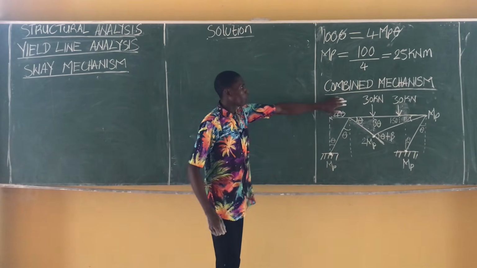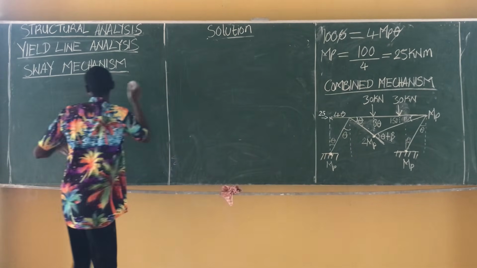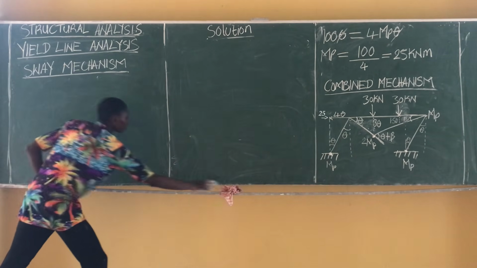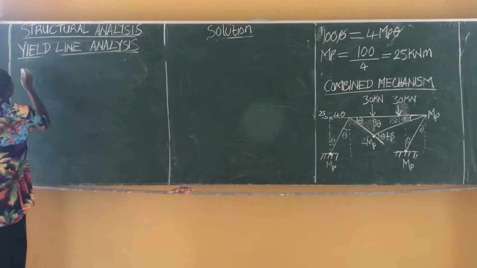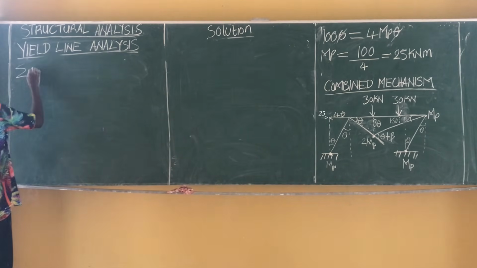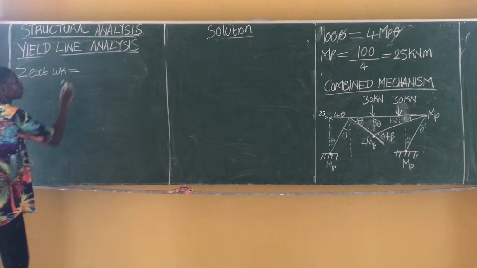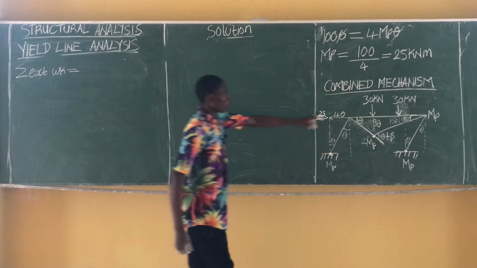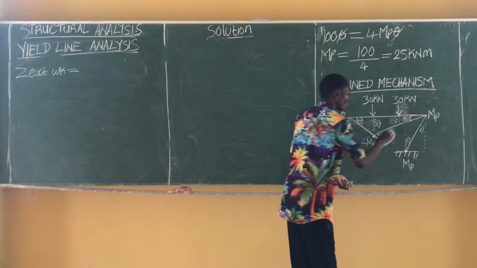So, on the combined mechanism, summation of external work done is simply equal to all the loads multiplied by the various deflections.